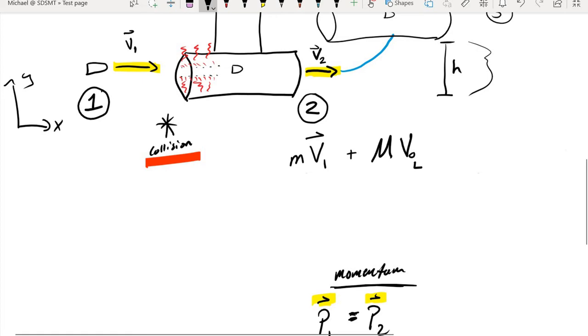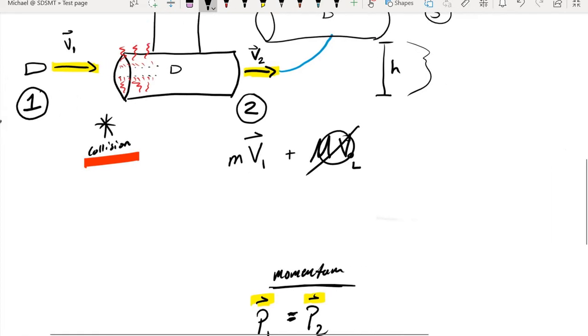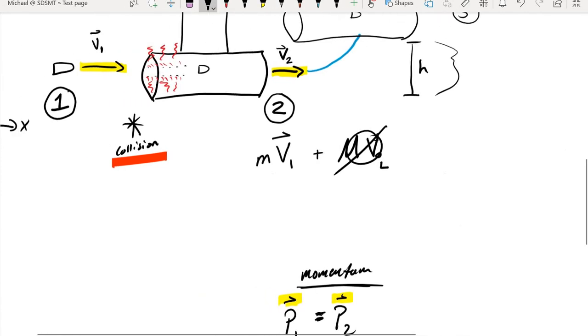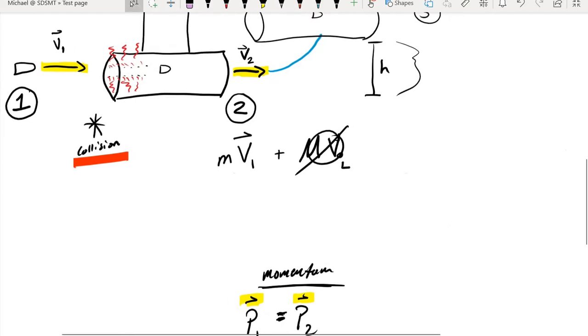The log is initially just hanging from the ceiling, not moving, so that's 0. That's the initial momentum of the system. It's all being carried by the bullet.